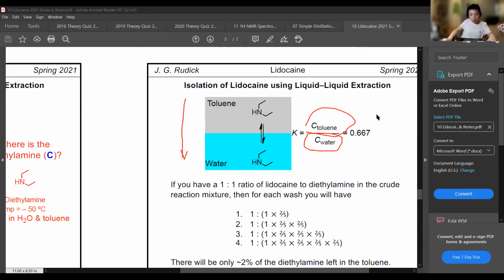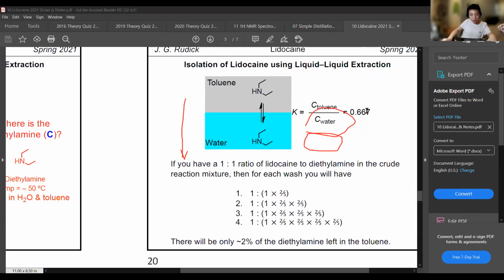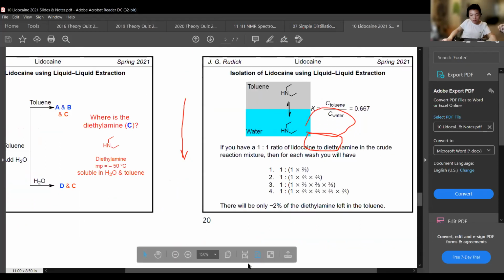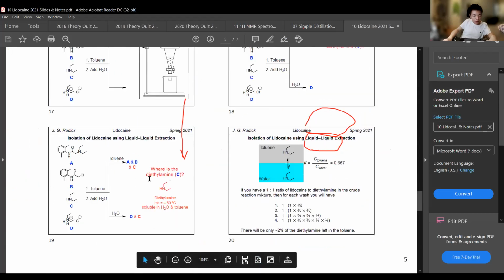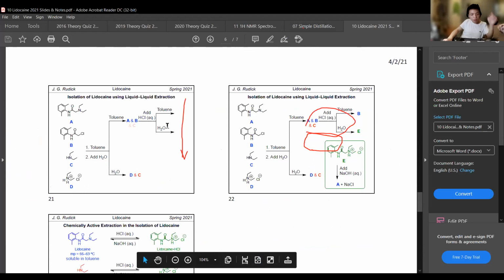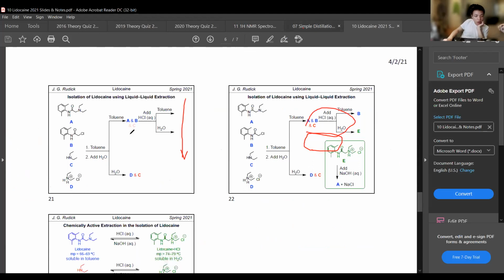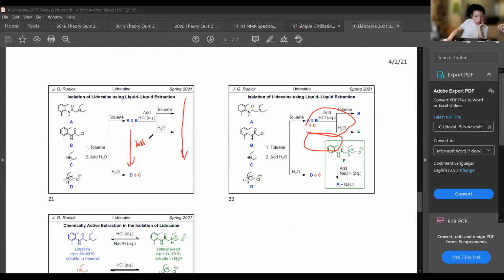So you can have it away, out of reach from lidocaine, by having more water being washed out. More and more of it will stay in the water layer, so that's why you can purify lidocaine by removing all of the diethylamine.